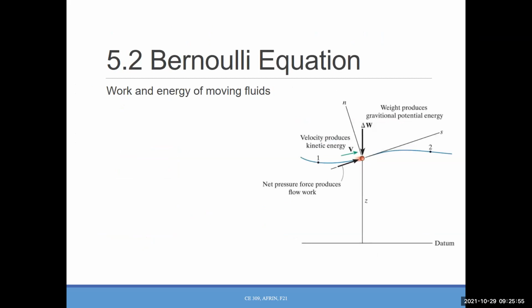What Bernoulli said is that for any particle here, the energy for that particle will be the summation of the energy due to net pressure force, the kinetic energy due to velocity, and the gravitational potential energy.